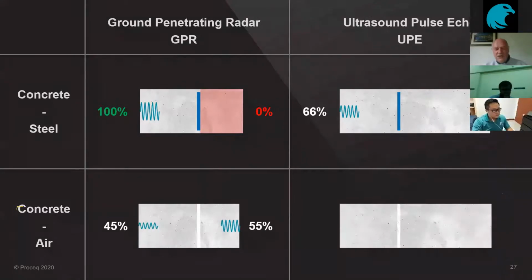It's not so good at detecting objects with air. Large voids, it can detect things like delaminations, it doesn't see at all. This also has to do with the wavelength. But with Pulse-Echo, we get basically a total reflection from air. So any kind of defect inside the concrete which has an air component in it, then Pulse-Echo is the ideal technology for detecting this.